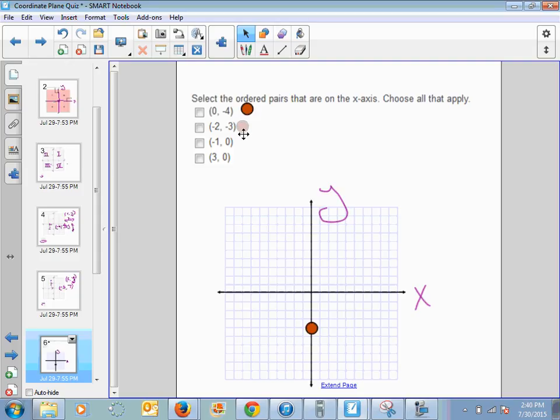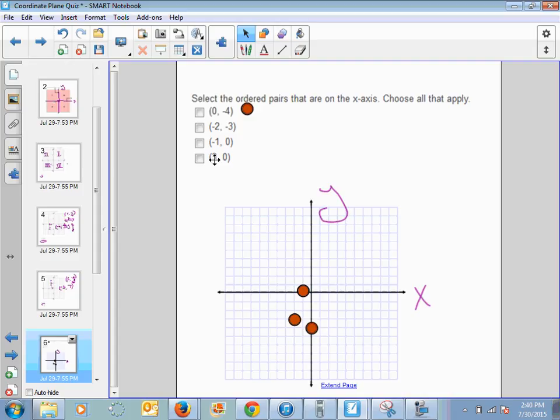So let's try this one, -2, -3. So at the origin, go -2, and then down 3. 1, 2, 3. There's -2, -3 there. Again, not on the x-axis. Now -1, 0. Okay, -1, 0 is going to go right there.